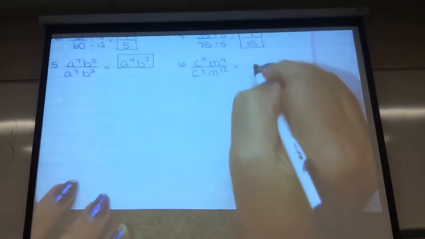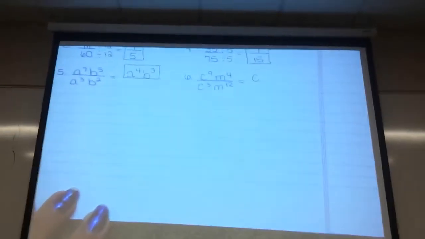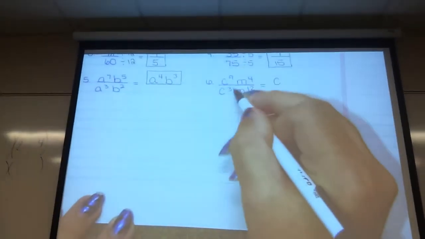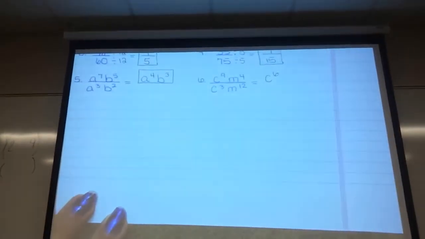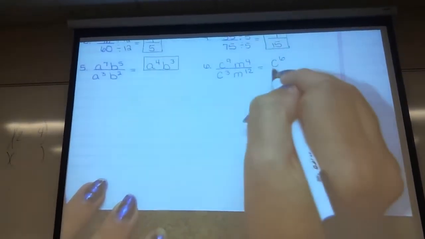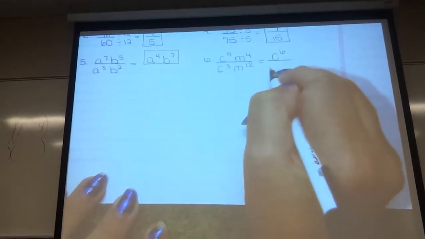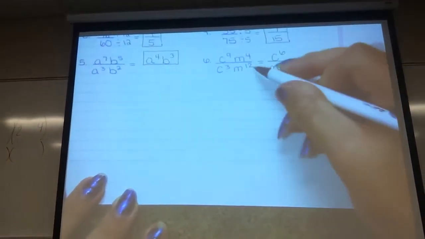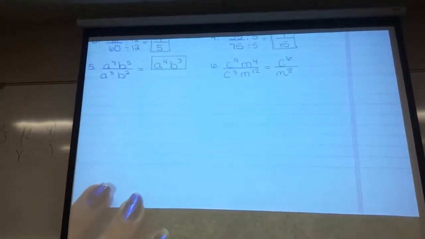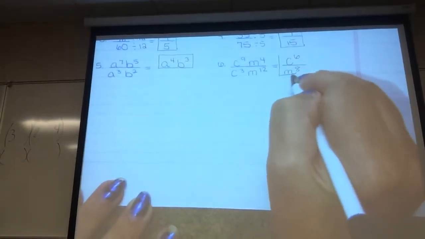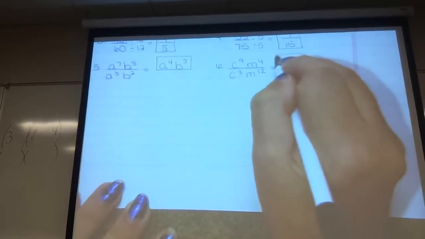On the top. How many more do you have when you subtract? 6. But where do you have more M's at? On the bottom. So I need to show it's on the bottom. And 12 minus 4, I have 8 more down. Because wherever that bigger number is, that's where that letter goes.